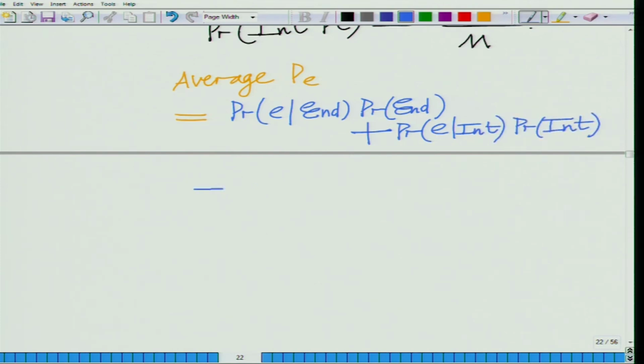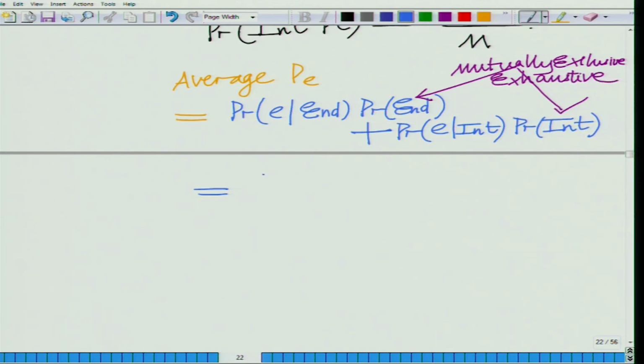This is the rule of probability, because end point and internal point are mutually exclusive and exhaustive events. This is something that you have to remember. Again, I urge you to look at the lectures for probability.